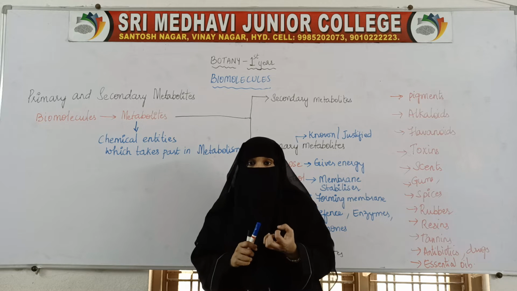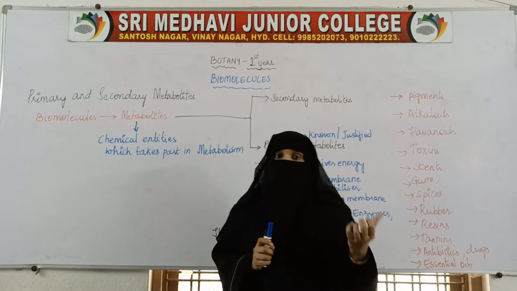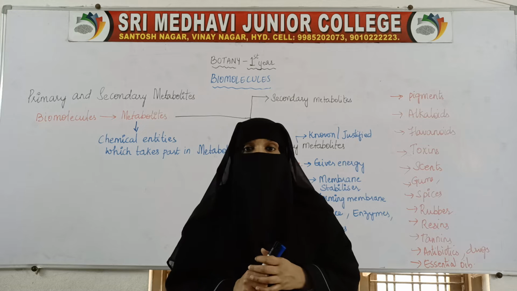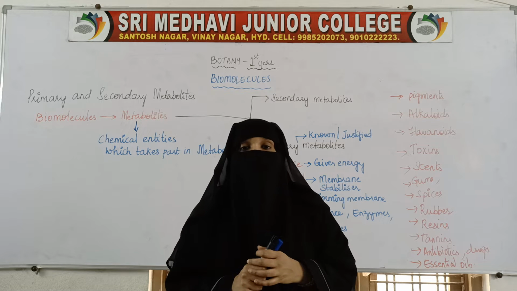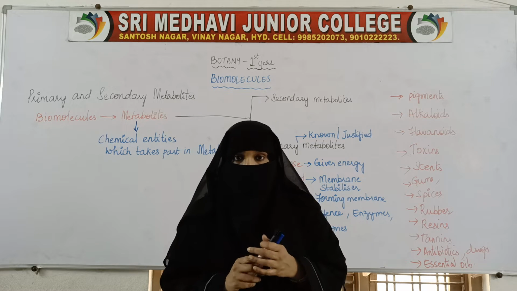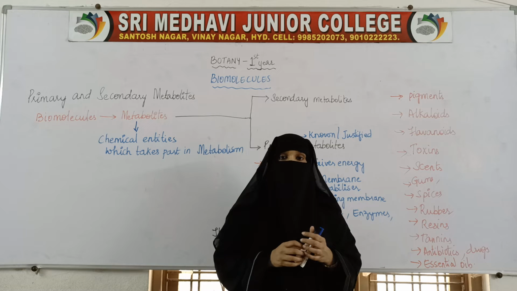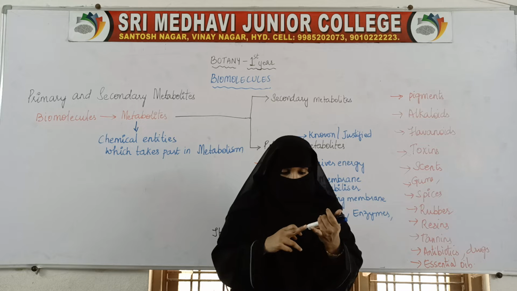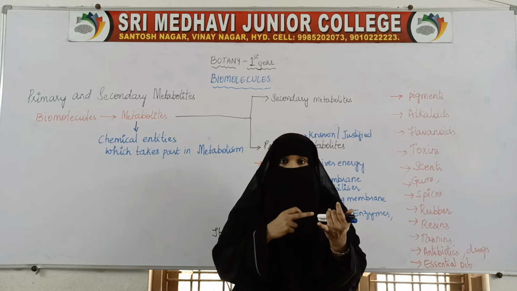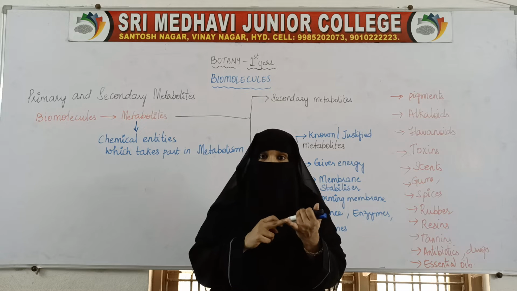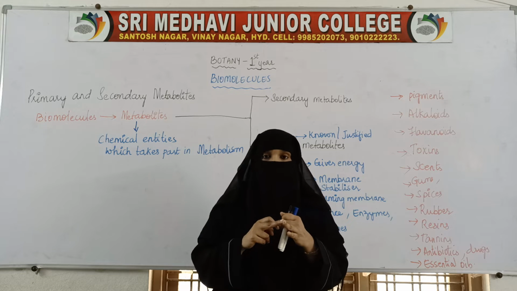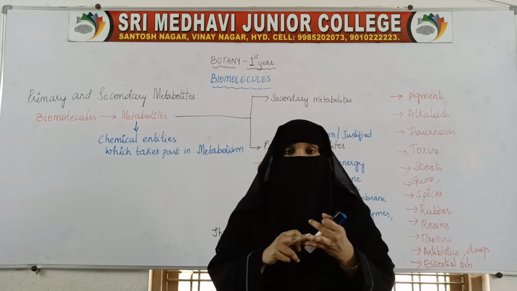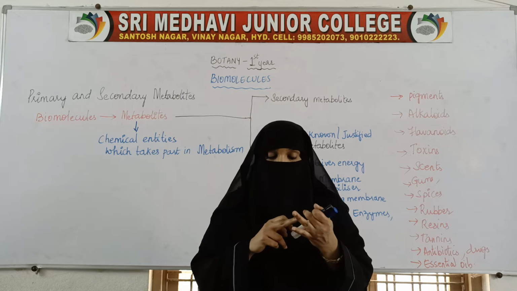So these 4 nitrogenous bases combine with a phosphate group and a sugar molecule. With sugar they combine with deoxyribose sugar. If DNA is a polymer, the nucleotides will be made up of nitrogenous bases, that is adenine, guanine, cytosine and thymine, combined with sugar.